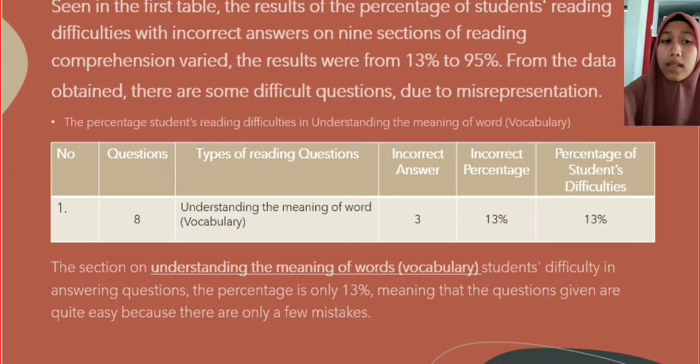From the data obtained, there are some difficult questions due to misrepresentation. The percentage of student reading difficulties in understanding the meaning of word vocabulary: in this section, the percentage is only 13%, meaning that the questions given are quite easy because there are only a few mistakes.